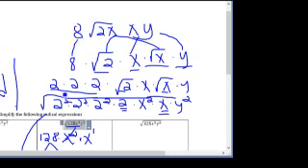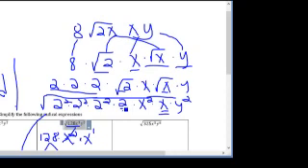So to summarize, this is the easy part. First, take the square root of the numbers. Square root of 2 to the second power is 2. So these are all 2 to the second power. They all go up here.